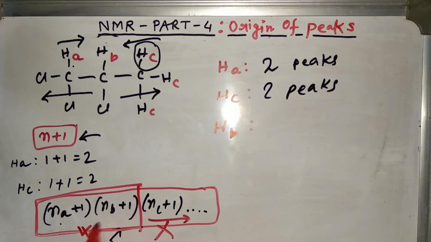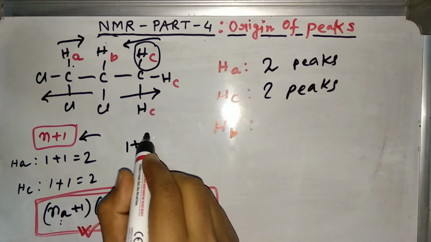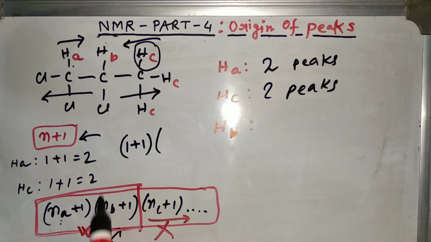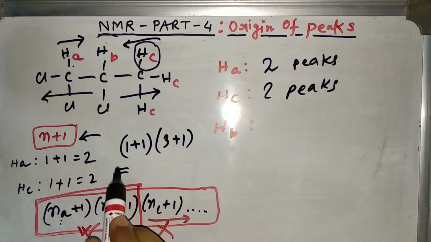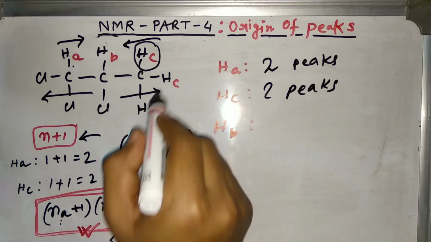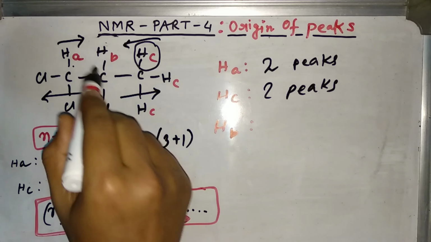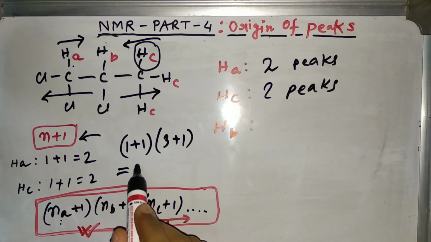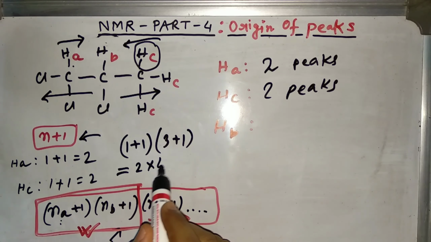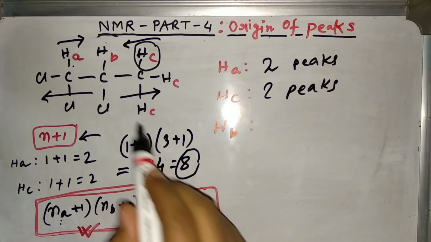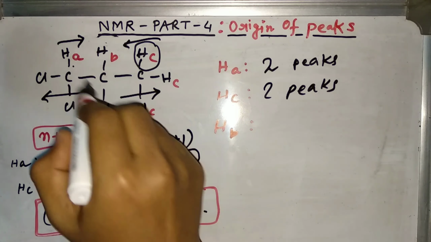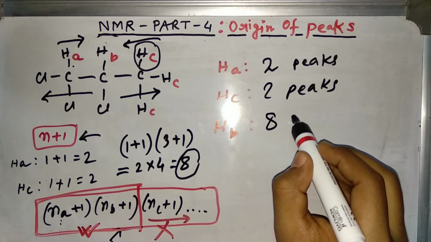We just need the first 2 parentheses. So that will give Na, the number of hydrogens, 1 plus 1. And here Nb, the number of hydrogens is 3, that is 3 plus 1. So 1 plus 1 is 2, and 3 plus 1 is 4, that gives 2 cross 4, that is 8. So we will get a total of 8 peaks for HB.